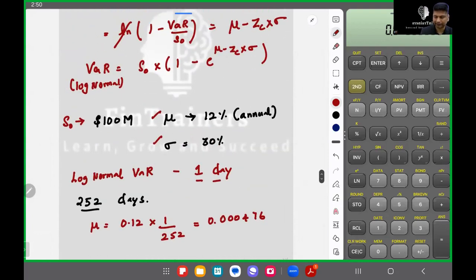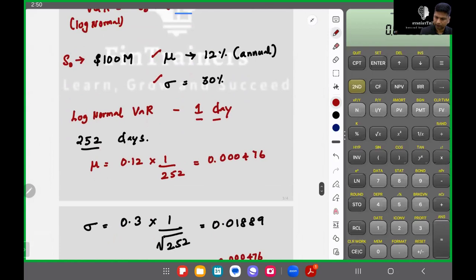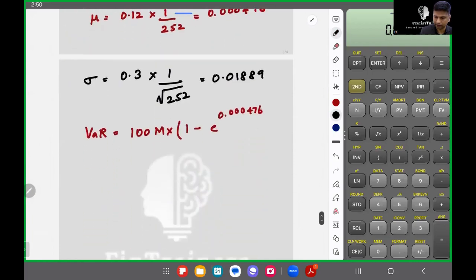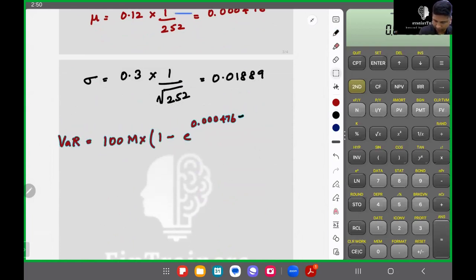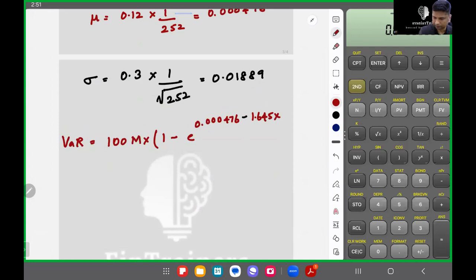So minus this critical value. They have not mentioned it, so I'm going to assume this is a 95% confidence, which means our Z value is going to be 1.645. Minus 1.645 multiplied by the standard deviation, which is 0.01889. It's much easier to do this with a calculator.